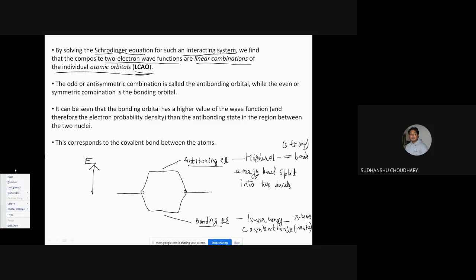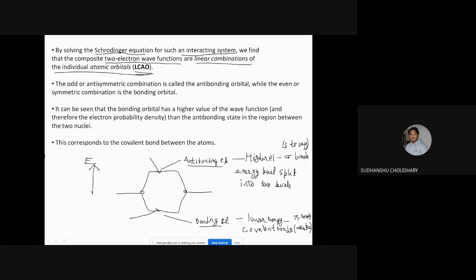Now it can also be found that the probability density in the anti-bonding energy level, right?